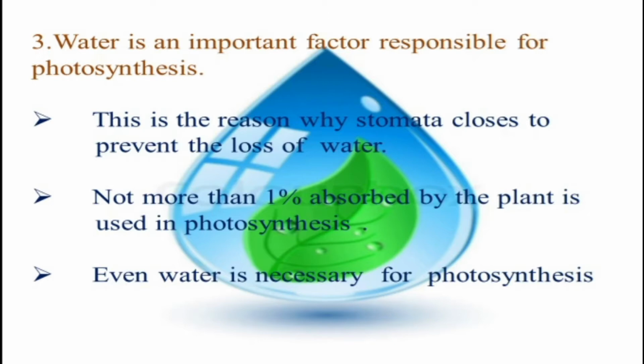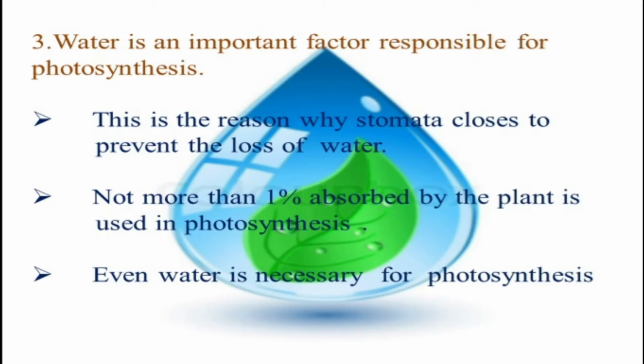At that time the stomata help prevent the loss of water, to retain it inside the plant body, so that more photosynthesis can be carried out. Not more than 1% of the water absorbed by the plant is used in photosynthesis.